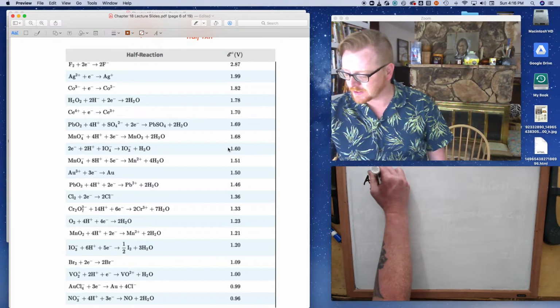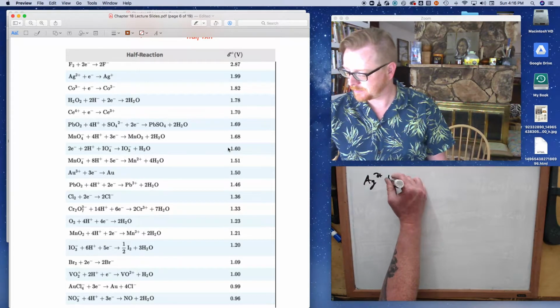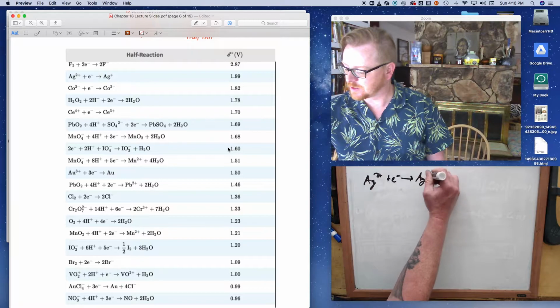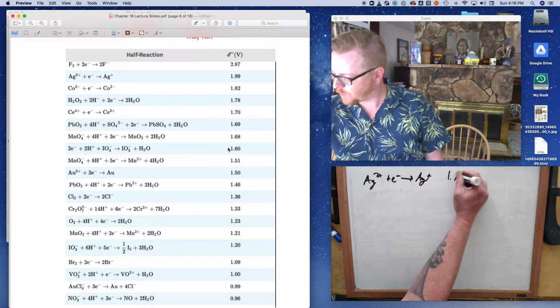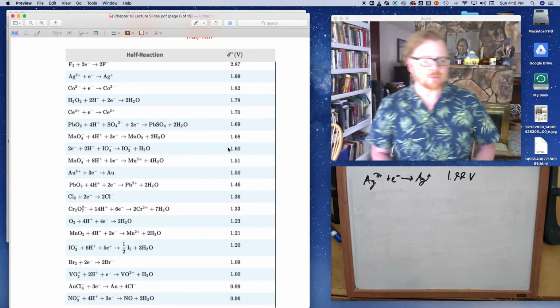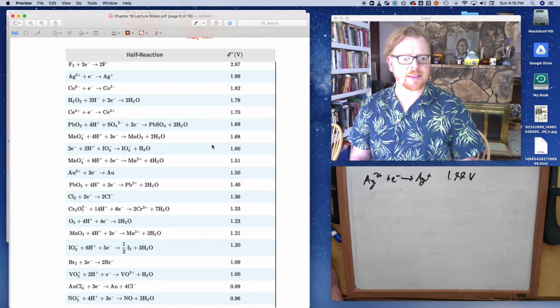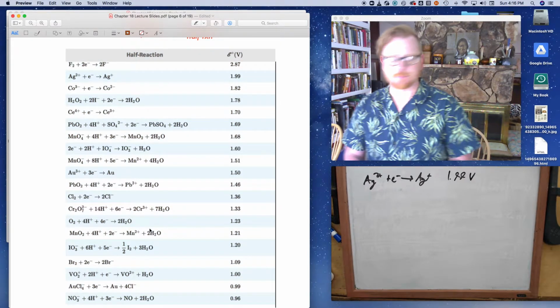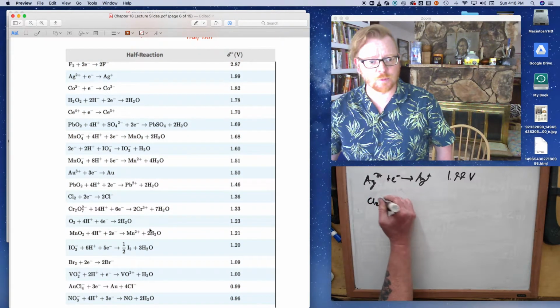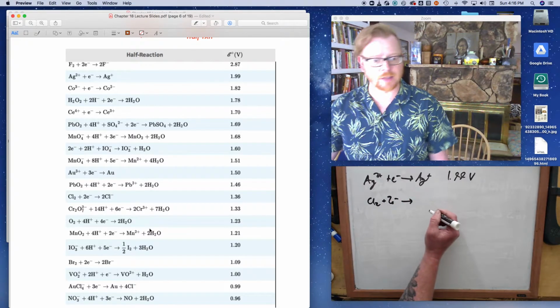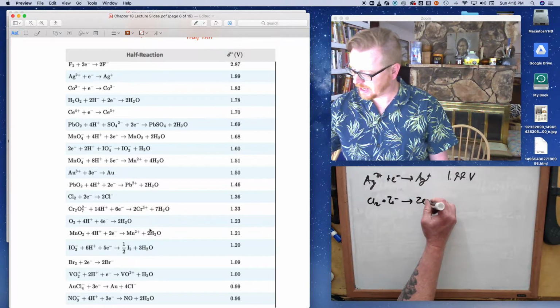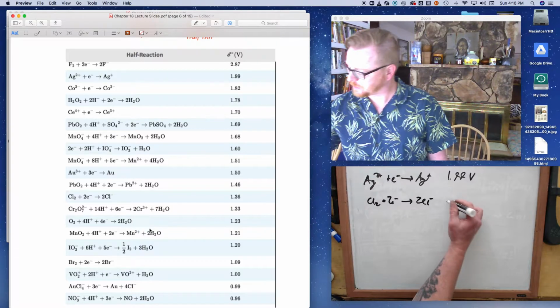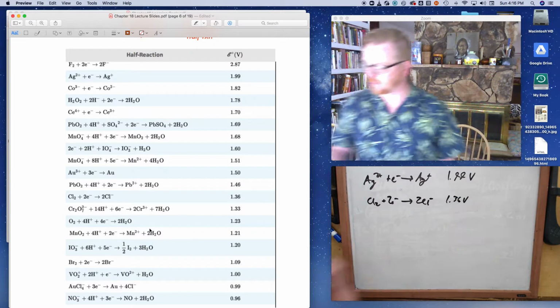Let's just go with that silver 2+ reaction, goes to silver plus, and that's at 1.99 volts. And suppose I want to combine that with something like chlorine down here: Cl2 plus 2 electrons makes 2 Cl minus. And that reduction potential is 1.36 volts.